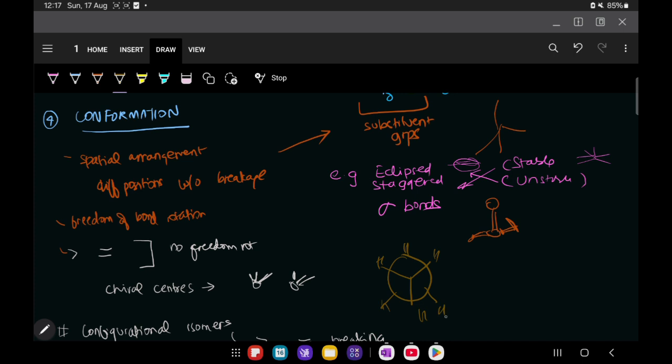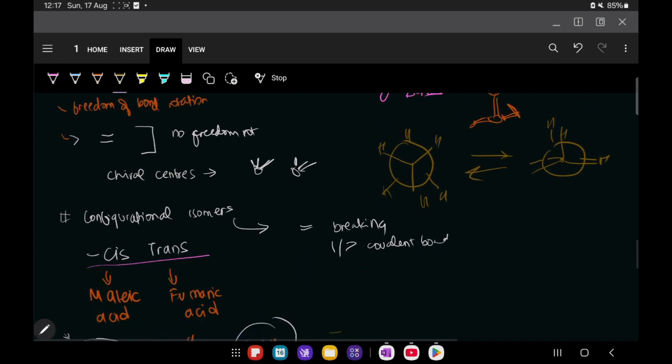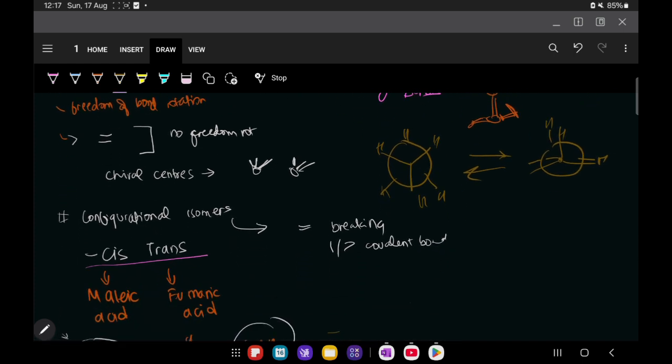It can interchange with its eclipsed form. Now eclipsed would be more spread out, looks like an eclipse. Staggered is more stable because the energy needed to maintain that structure is less.